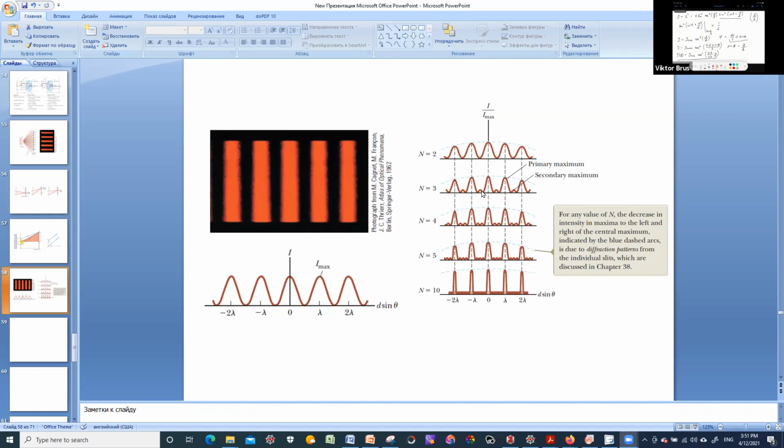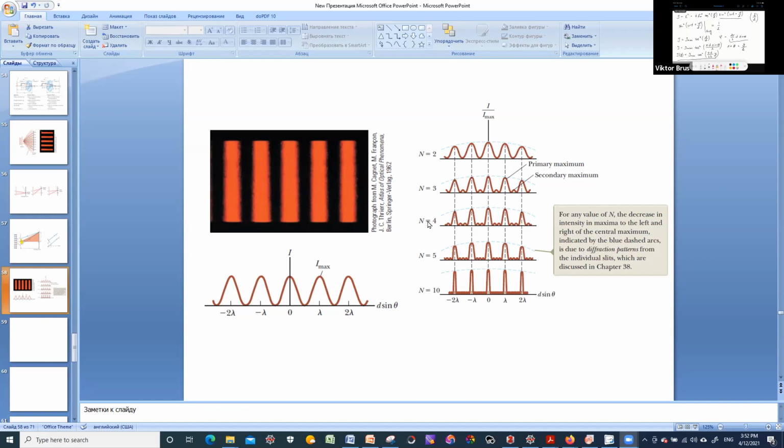And if we go further with the increase of the number of slits, which means we increase the number of coherent light sources, we get more and more of these secondary maxima, and their number will be equal to n, the number of slits, minus 2.